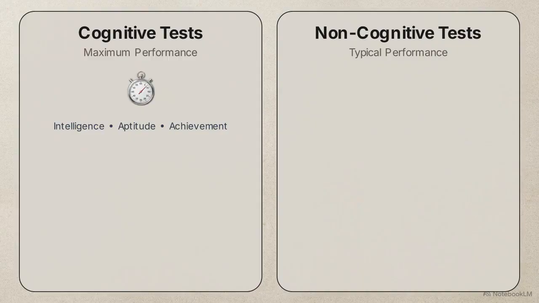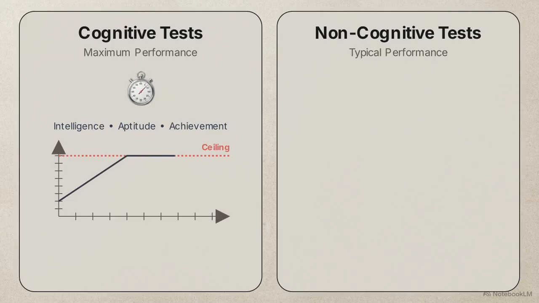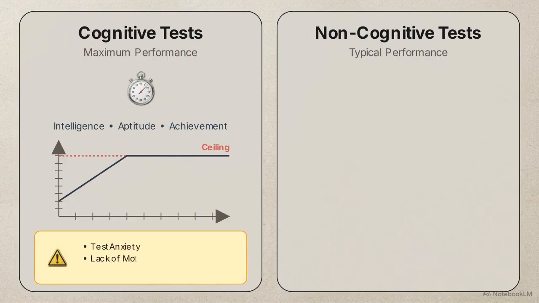Cognitive tests are strict measures of intellectual potential or acquired academic skills. They are timed, they have definitive right and wrong answers, and their goal is to locate a student's absolute mental ceiling. But because they demand maximum output under optimal conditions, they completely fail to account for test anxiety, a lack of motivation, or how the student acts on a normal Tuesday.